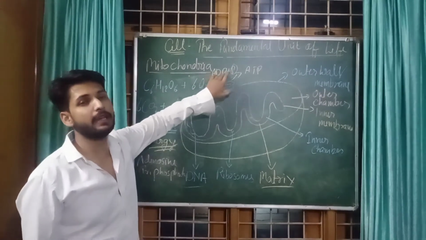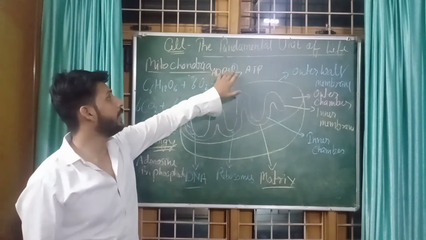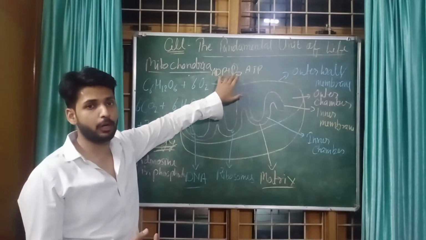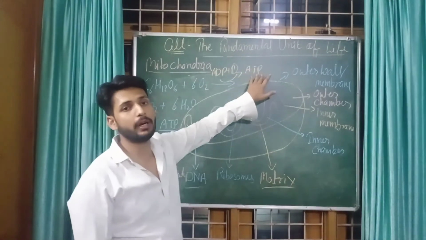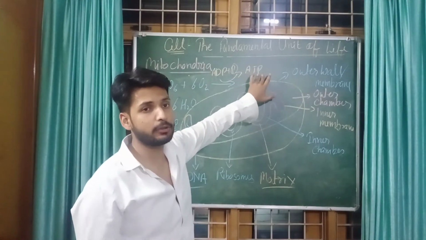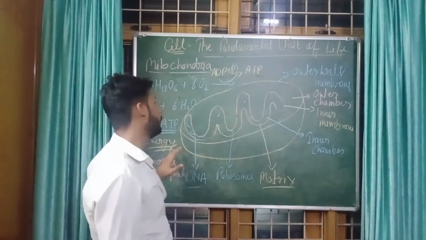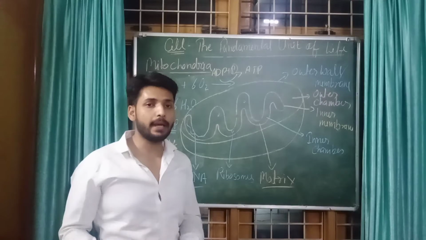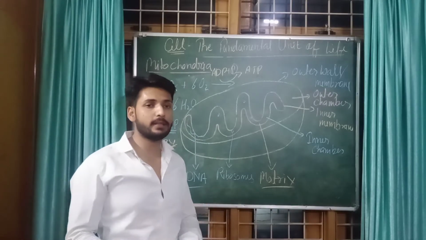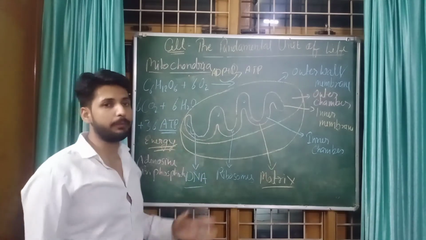ADP, adenosine diphosphate. Here one phosphorus molecule is added to this molecule and it is converted into ATP, adenosine triphosphate. That is a form of energy. Whatever work we do, energy is required, and that energy is in the form of ATP only.